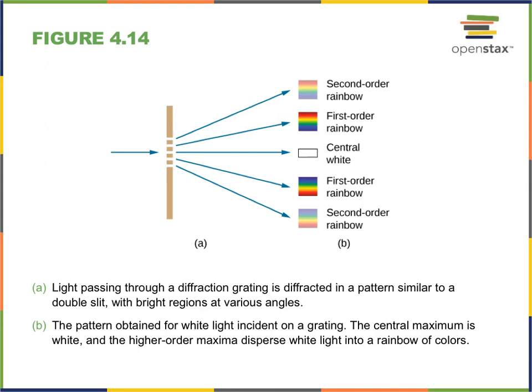Because you have d sine theta equal to m lambda for where the bright spots are, the angle is going to depend on the wavelength. So the blue light will constructively interfere at one location, green light at another location, red light, etc. And so it separates the white light into all the colors of the rainbow.